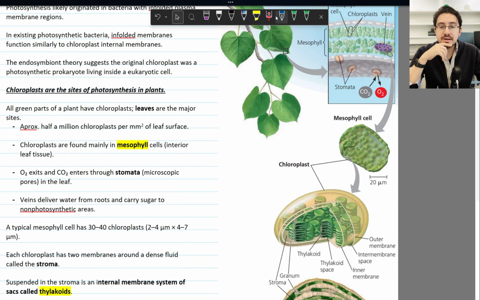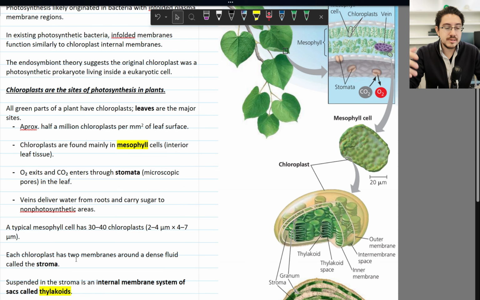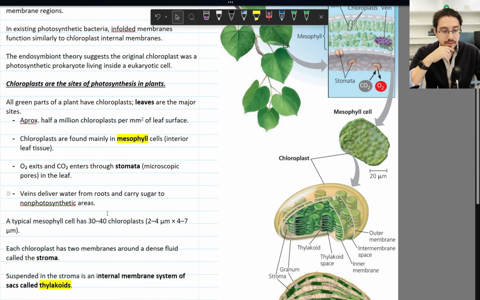Plants also have vascular systems similar to animals. They have veins that deliver water from roots and carry sugar to non-photosynthetic areas. You have your xylems and phloems that we'll see later on.